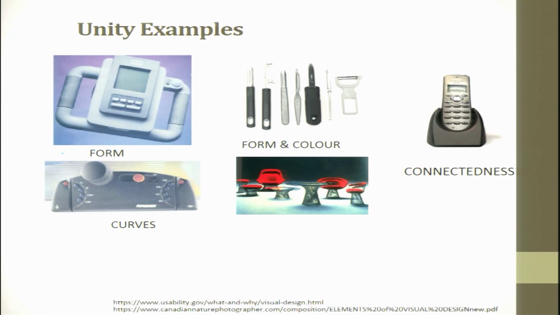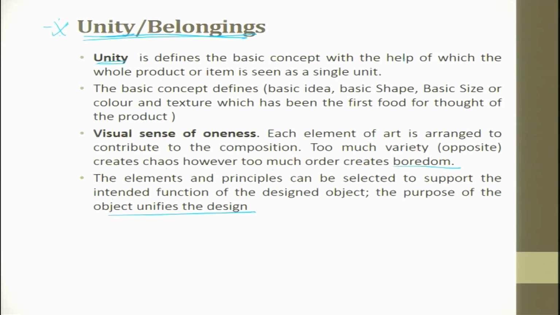So, unity examples for form and color, for connectedness, and then for curved one we have seen this is form and this is color. These are examples for unity. So, what is unity? So, I will repeat. Unity is defined the basic concept with the help of which the whole product or item is seen as a single unit.